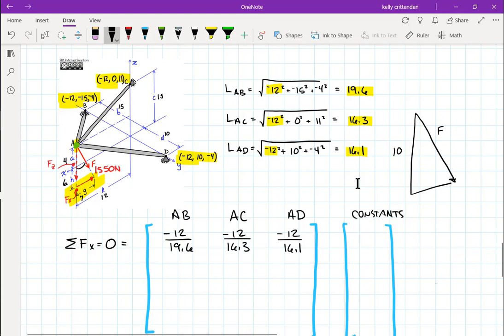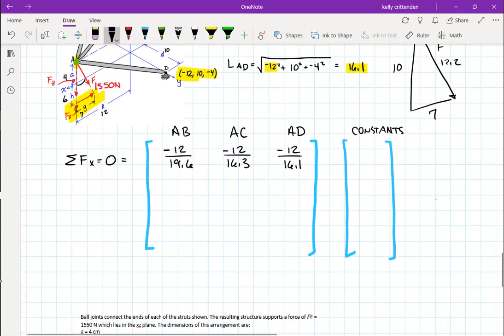The base G is 7. So let's figure out the length, it's actually a magnitude, of F: 10 squared plus 7 squared, no, I'd multiply them. 10 squared plus 7 squared, 12.2. So I can take here, the constant F is actually a known 1,550 newtons. I might have to slide my work over here a little bit because it's too close.